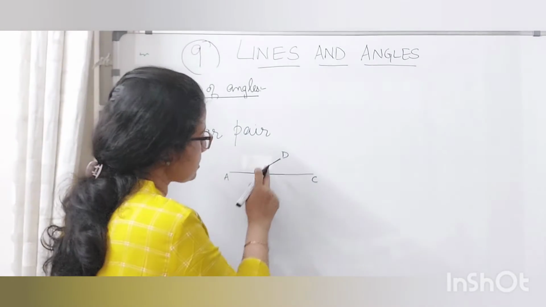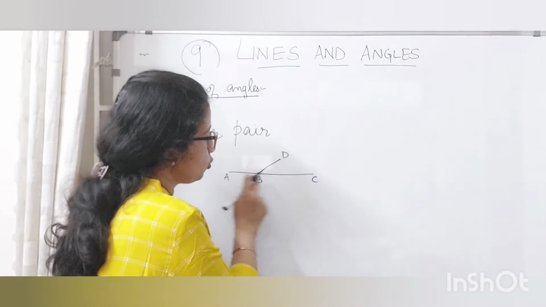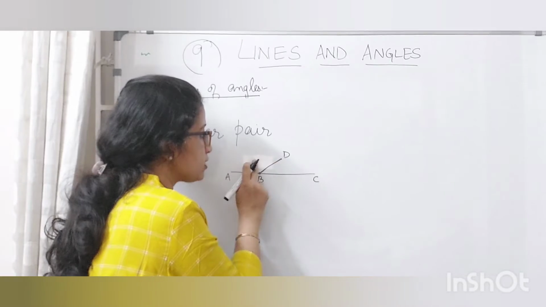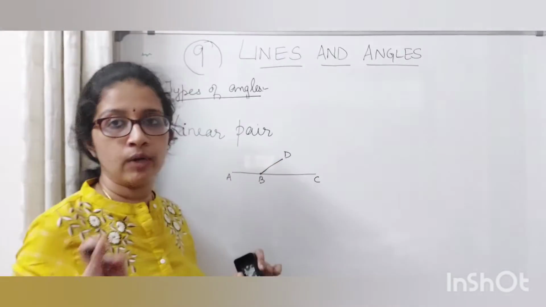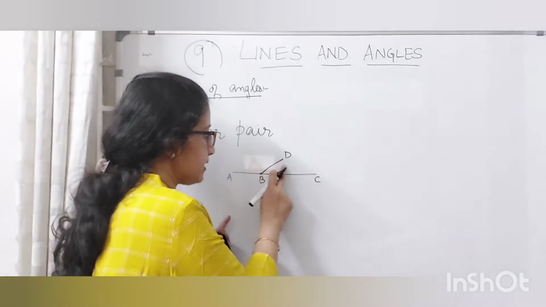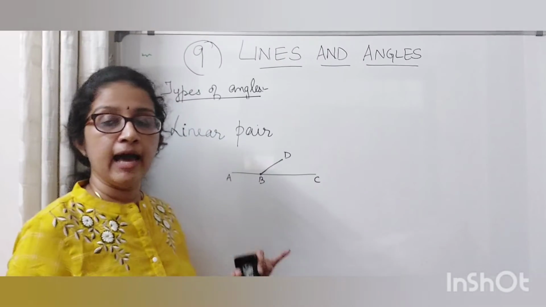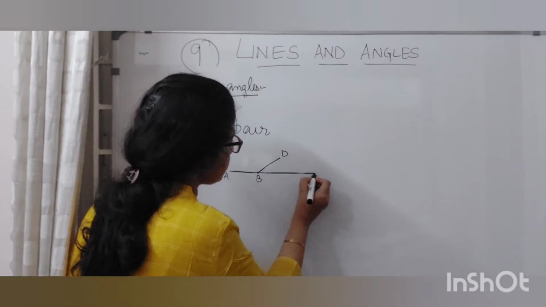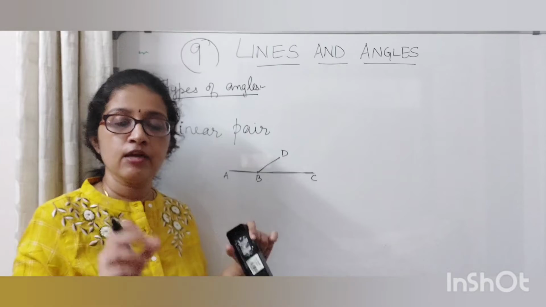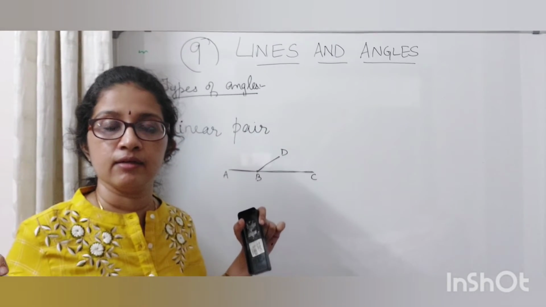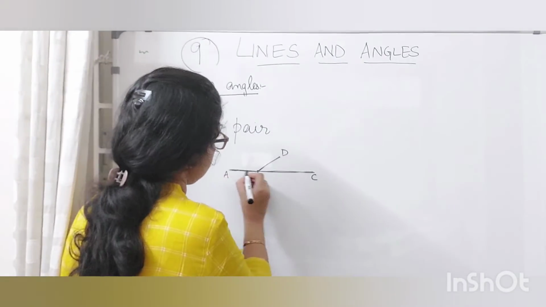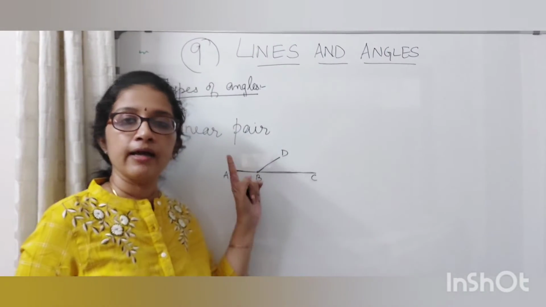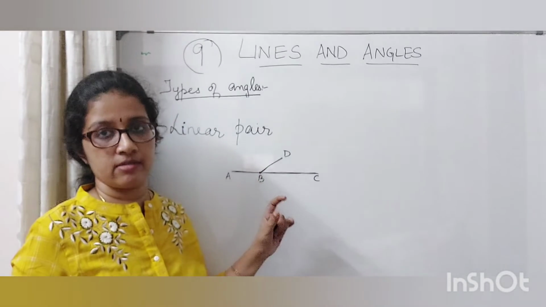They have a common vertex, a common arm, two non-common arms on either side of the common arm, and there is no point common to the interior of the two angles. But they have a special thing: the two non-common sides form a straight line. Just like this. So two angles which are like this can be called linear pairs.